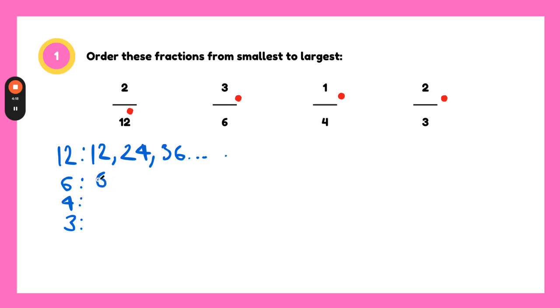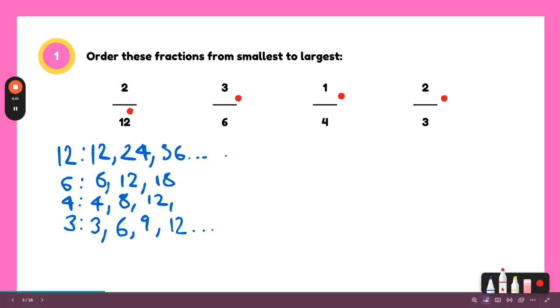For 6 we have obviously 6, 12, and 18. For 4 we have 4, 8, 12. And for 3 we have 3, 6, 9, and 12, and so on.